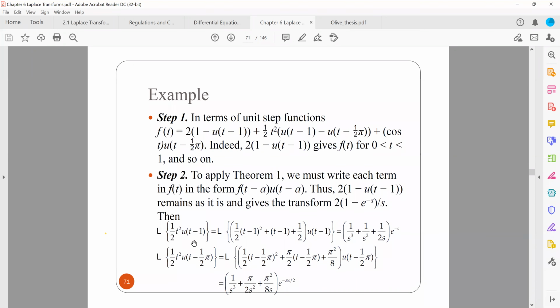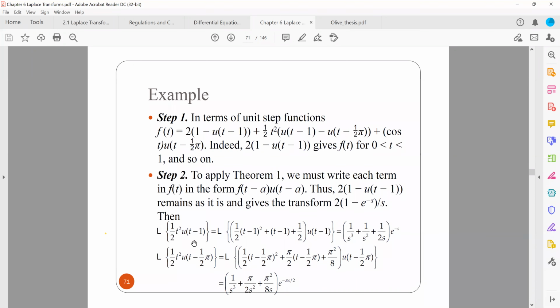First, we do a half t squared times u(t minus 1). The challenge here, the trick, is that we need to put this in the format of f(t minus a) times u(t minus a).